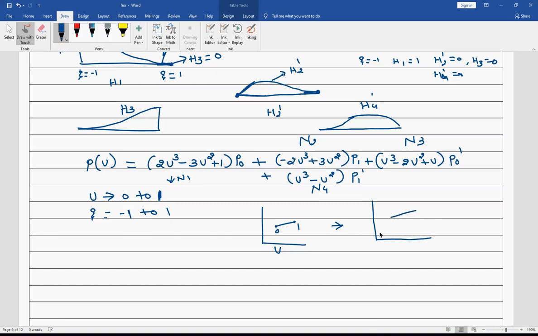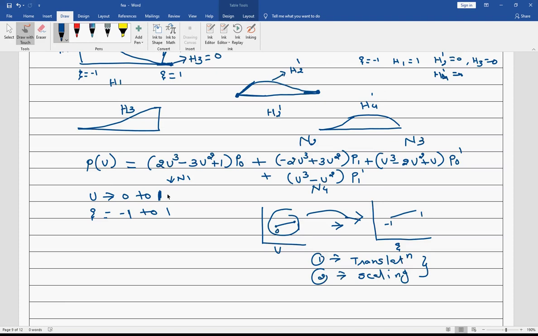I want to represent the same line, but that will be the xi coordinate system, where it will be minus 1 to 1. So basically this entity I have to fit into this coordinate system. To do that I require first the translation, and the second one is the scaling. We have already studied that we have to translate and then scale 0 to 1 between minus 1 to 1.